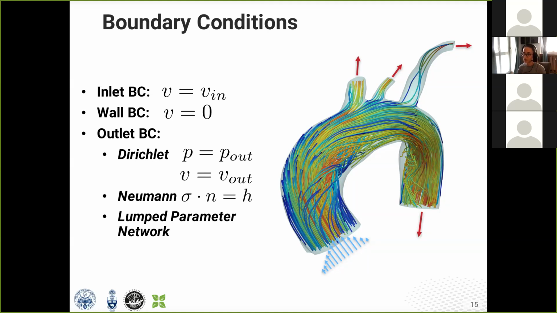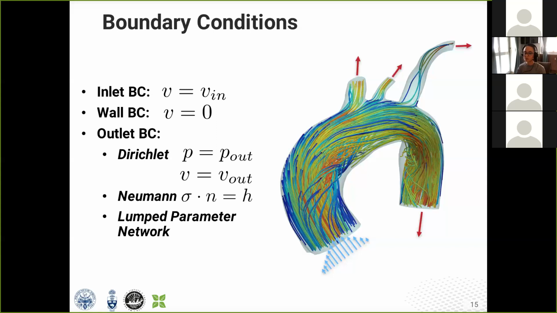Another solution is to use Neumann boundary conditions. So you're prescribing a specific value for the stress, and this is similar to mimicking the discharge of blood into a reservoir out of your domain. And the third solution, the most interesting one, is to use lumped parameter networks.